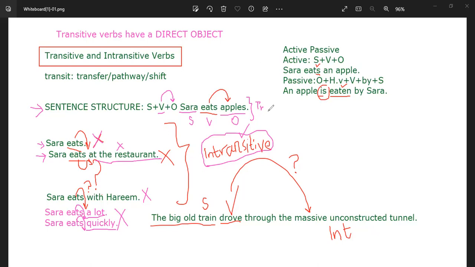So let me just quickly explain what direct and indirect objects are. A direct object is the object that is directly being acted upon. A direct object receives the action.